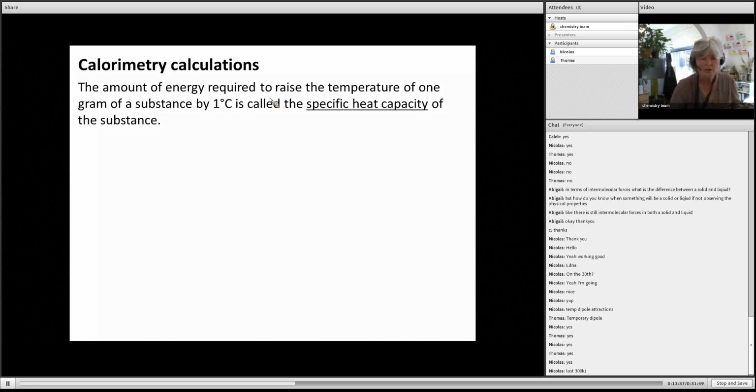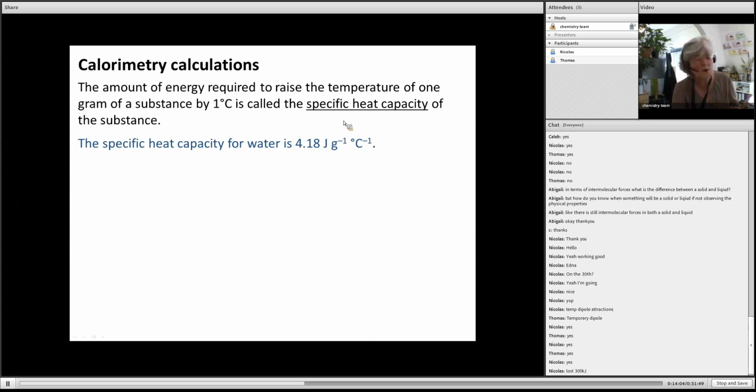So copper will have a particular specific heat capacity. It won't be very much, because you just heat copper a little bit and it gets hot. Any metal is like that. Water can absorb a lot of energy before it increases in temperature. So every material has its own specific heat capacity, and this is just what you've got to learn. Okay, the definition. You do not have to learn any values.